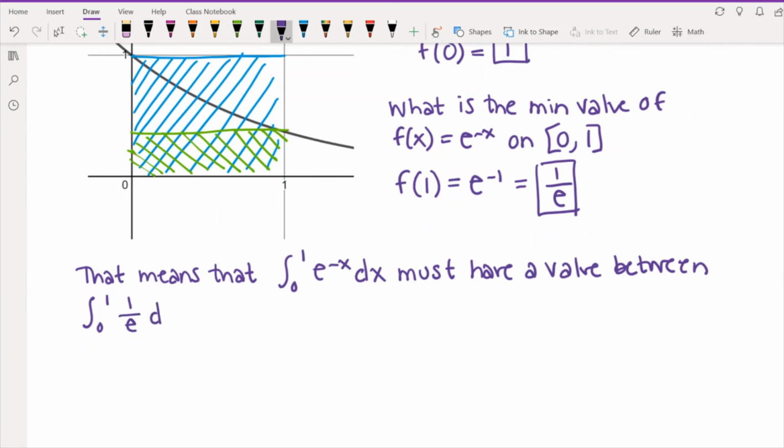That's the lower bound. And if you were to integrate from 0 to 1, and actually, sorry, let me make room here.